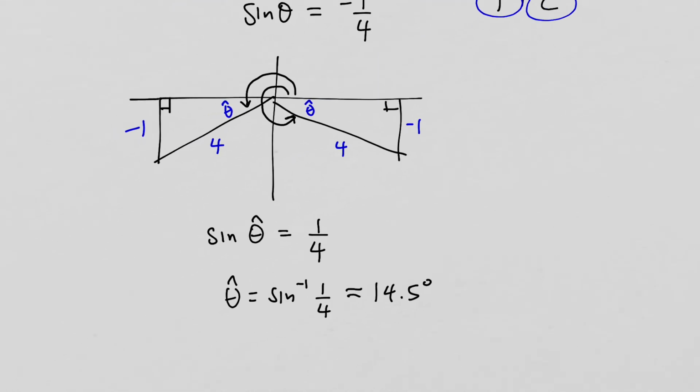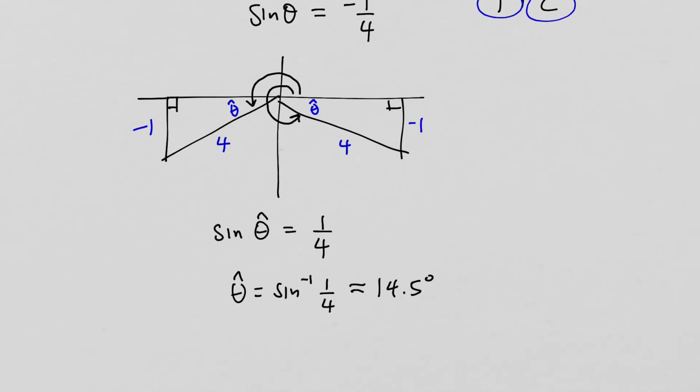So if you look at your diagram once again, you'll notice that theta is this angle. So to get theta, I need to take the angle 180 and then add theta hat to it. So theta is 180 plus theta hat. And then the other possibility for theta is this angle.